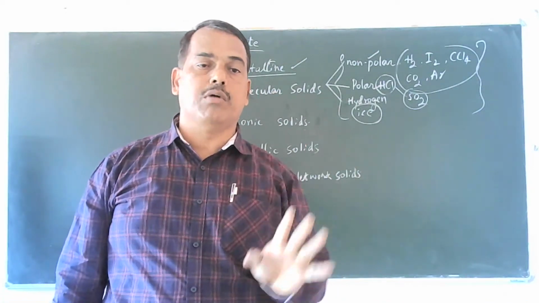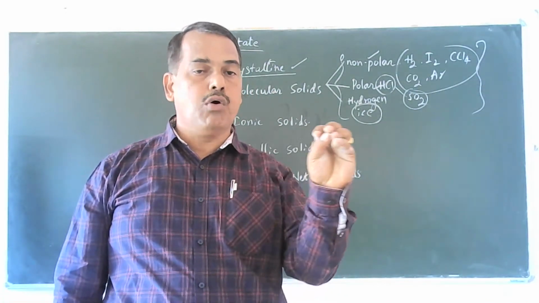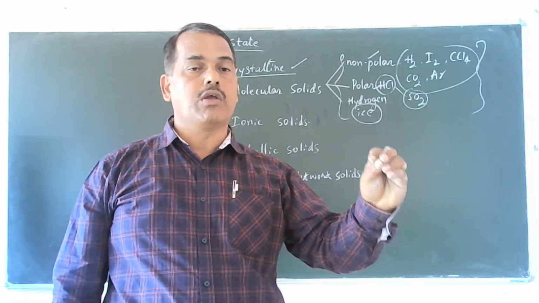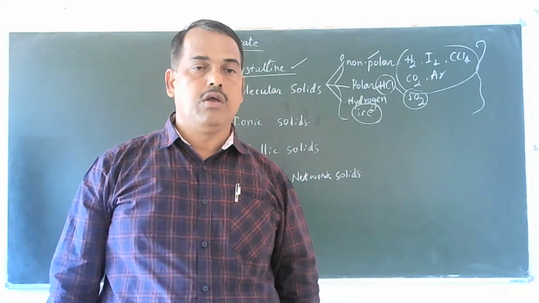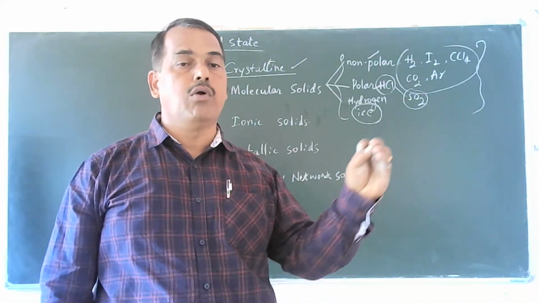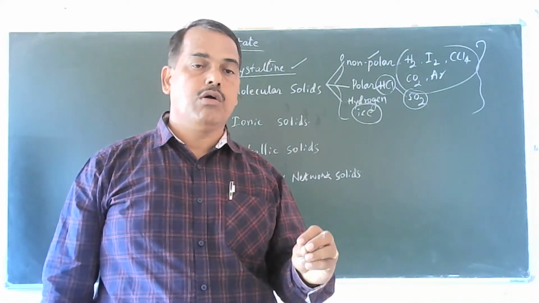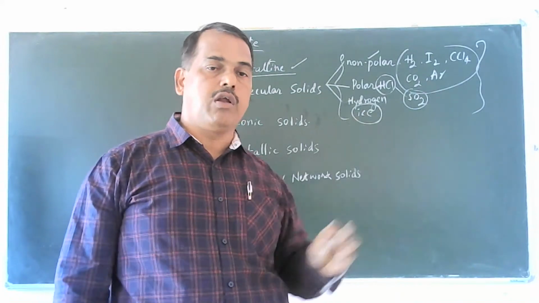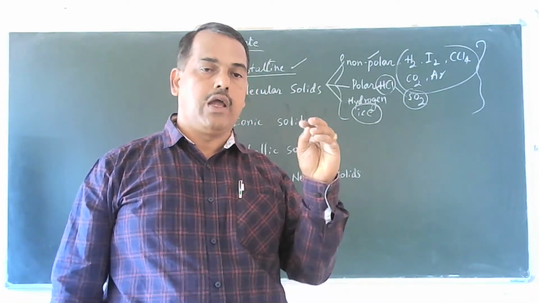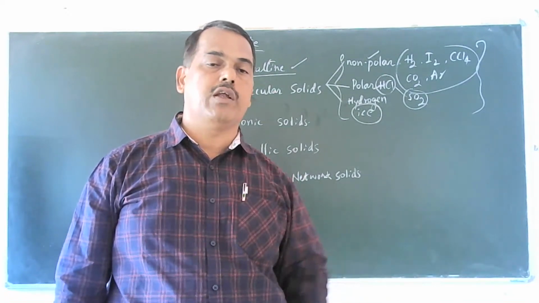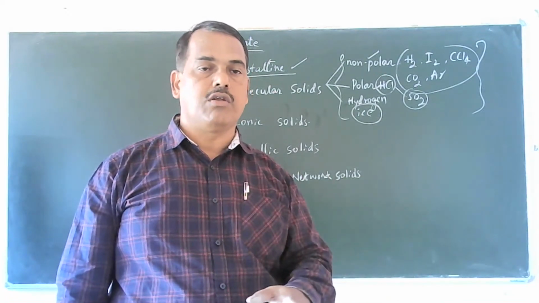Be particular about the example and the force that exists between them. In non-polar, we find weak dispersion force. In polar, we find dipole-dipole interaction. And in hydrogen bonded, we find a hydrogen bond, where the element hydrogen bonds with more electronegative elements like fluorine, oxygen.